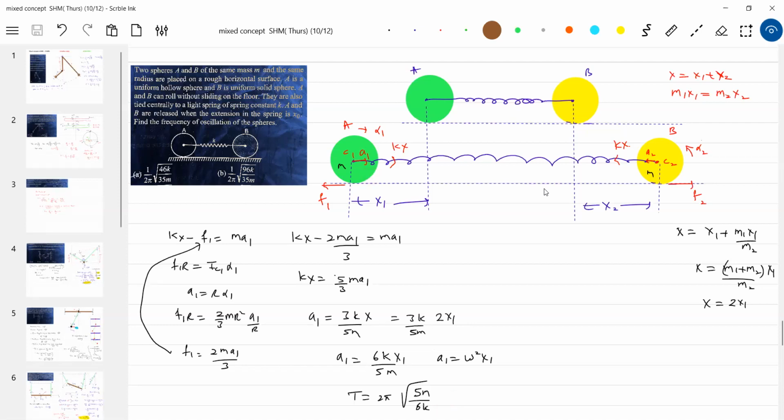Okay, what actually the thing is, m1 equals m2, no? Okay, we have substituted all this. Look at the answer. We ended up with something like 5m by 6k. All becomes 6k by 5m. Anybody, can you point out anywhere we have to?